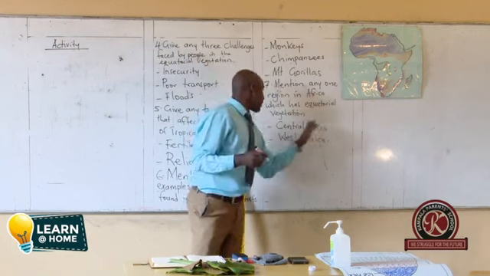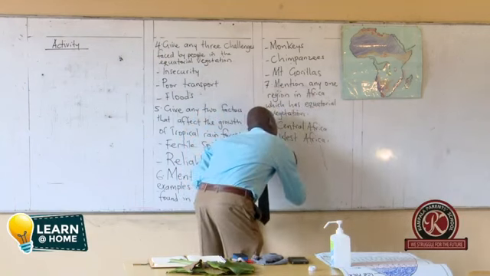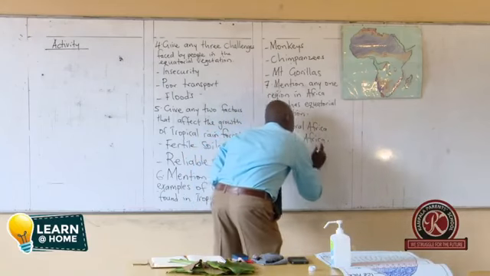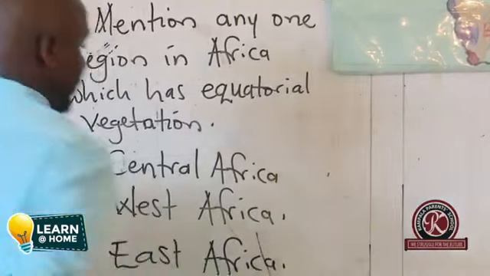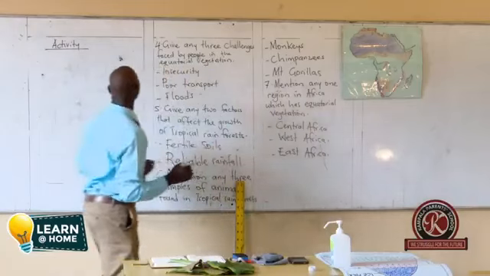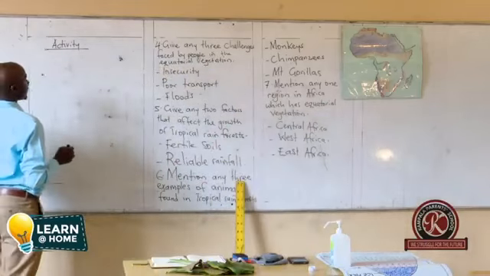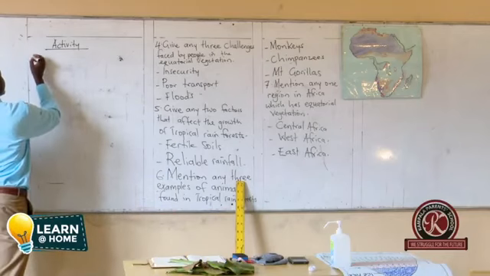We said Central Africa, West Africa, and we can add East Africa because it's found around the shores of Lake Victoria. East Africa. So let us come and look at our activity.